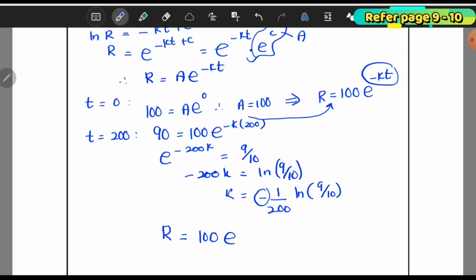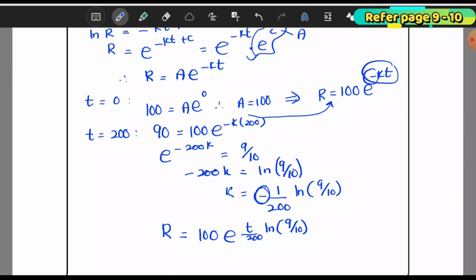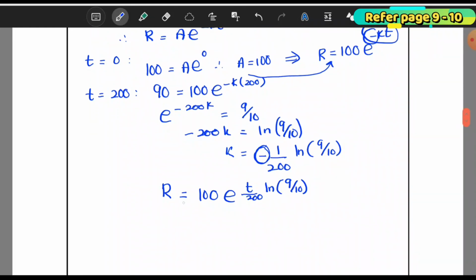The value of k here is negative, therefore the equation becomes r equals 100 exponent t over 200 ln 9 over 10. Now, we have negative k, and the formula is negative here, and it becomes positive. So 100 exponent t over 200 ln 9 over 10.